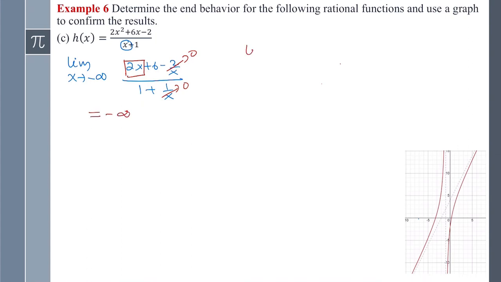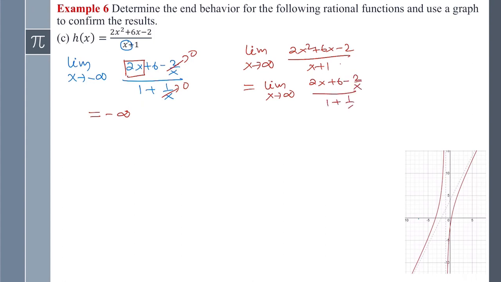Similarly, if we do the limit as x approaches infinity of 2x squared plus 6x minus 2 over x plus 1, we'll do the same thing. We'll divide everything by x. So we get 2x plus 6 minus 2 over x, divided by 1 plus 1 over x.